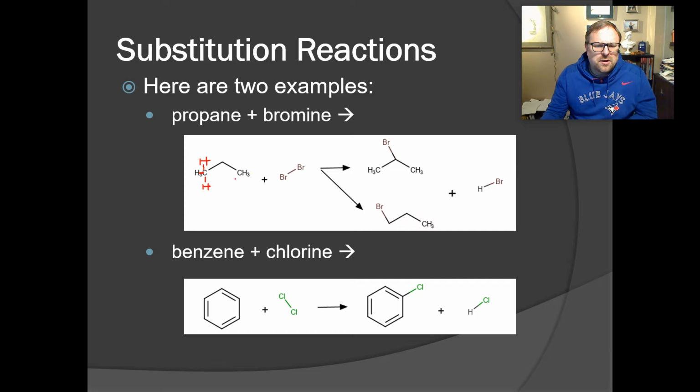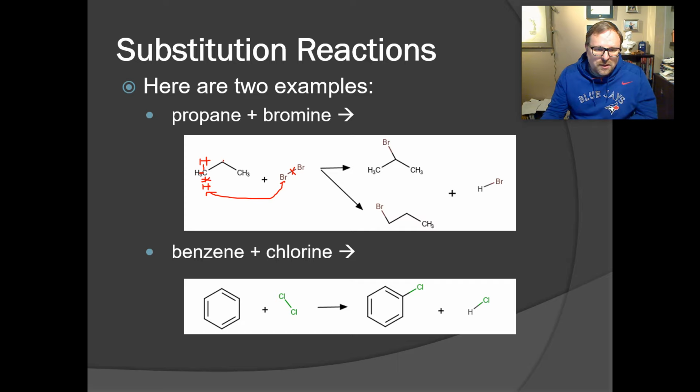There'd be two H's here. But what's going to happen is we'll end up breaking a bond here, for example. And so one of these bromines will come over and swap places with the hydrogen. So these guys will swap places. And so we end up with this example here, where I have a bromine coming off of this carbon and then an HBr left over.